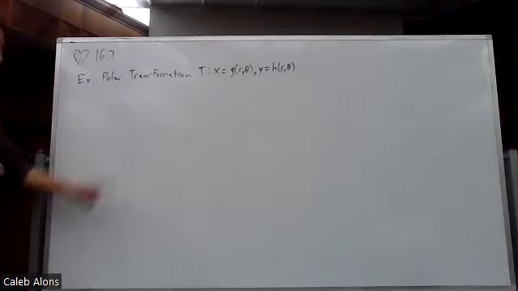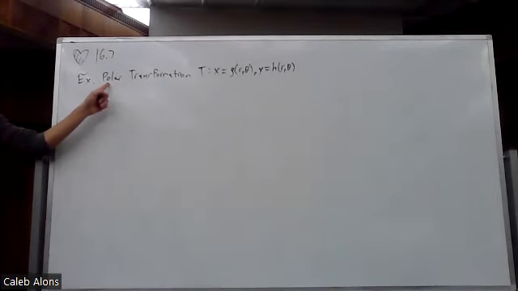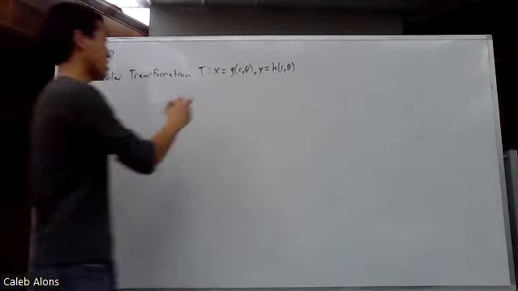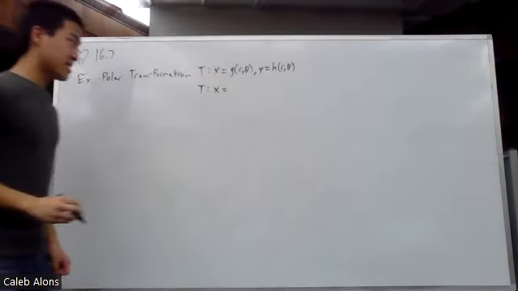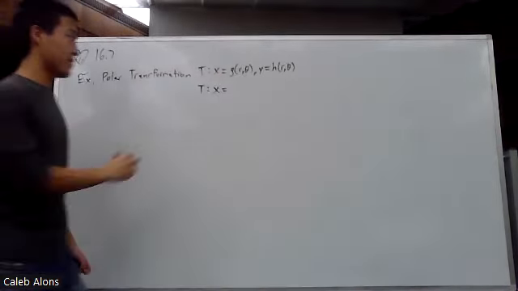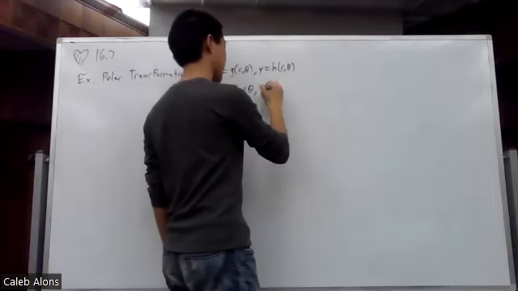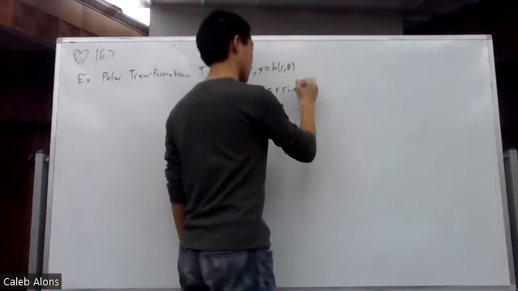Now, we happen to know what those rules are because it's polar. So we can say T is defined by x equals what? r cosine theta. And then y will be given by r sine theta.